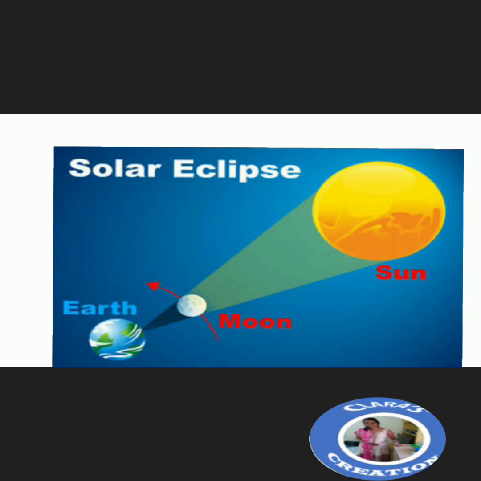Here, I repeat, the sun, the moon and the earth are in one plane, where the moon is obstructing the sunlight from reaching the earth. And that region or that part of the earth where the sunlight is not received due to moon's obstruction is the area where solar eclipse occurs.